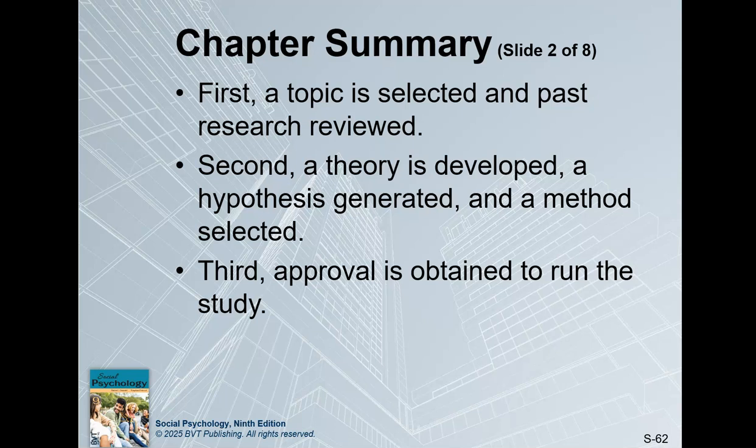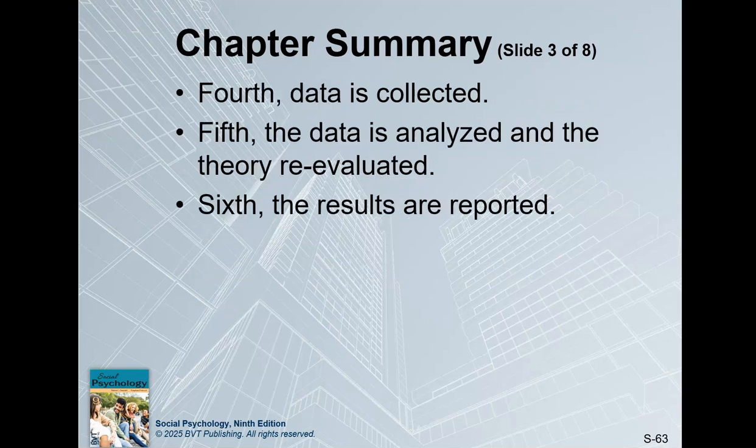So third, approval is obtained from the IRB. Fourth, once we begin conducting our research, we collect the data. Fifth, the data is analyzed. And then sixth, the results are reported.